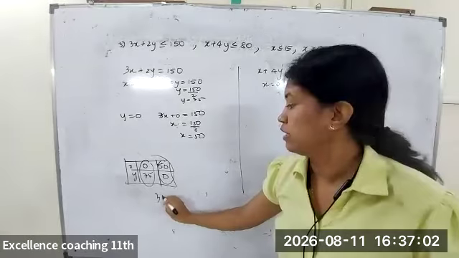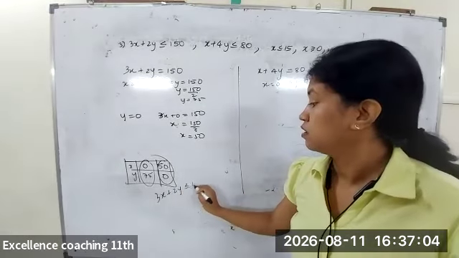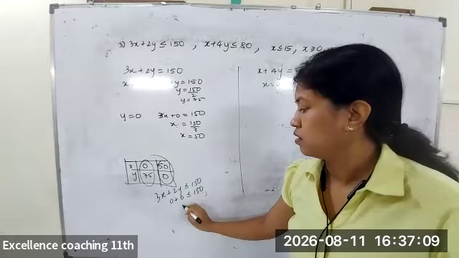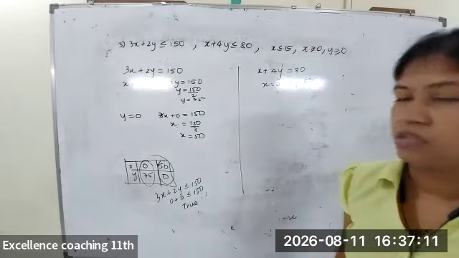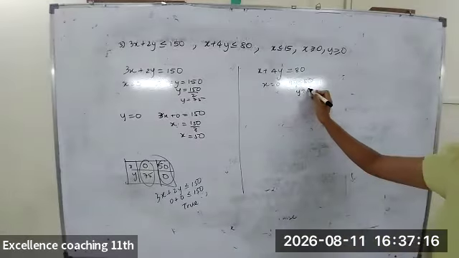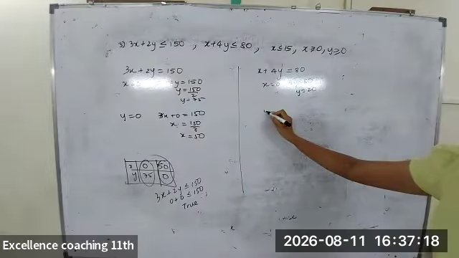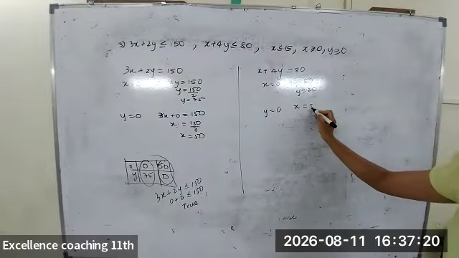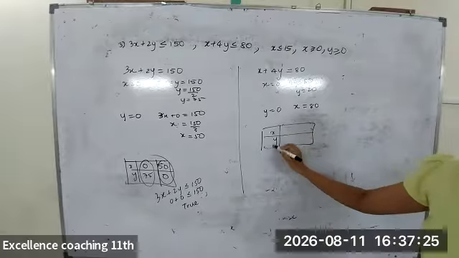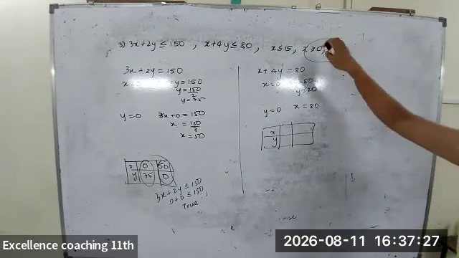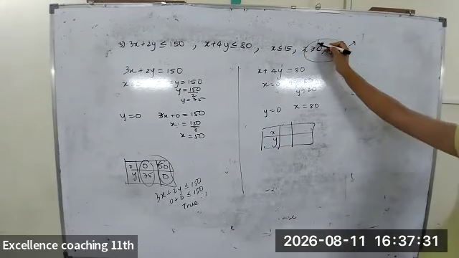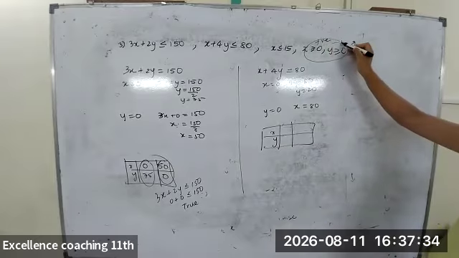Yeah, check this also. 3x. Zero is less than 150, so it is true. This you don't have to plot as such. X is positive, y is also positive.